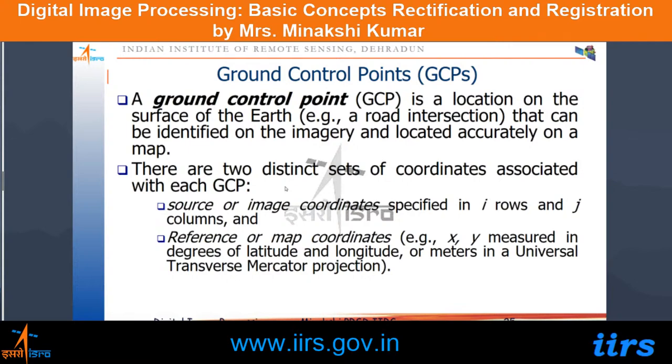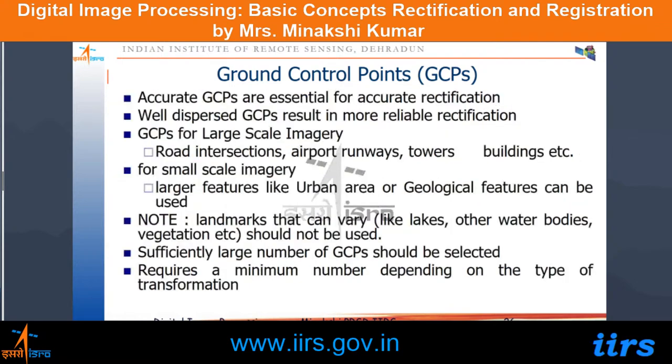The accuracy of your transformation will depend upon the accuracy of your ground control points. So I need accurate ground control points, and they should be well distributed over your entire image.